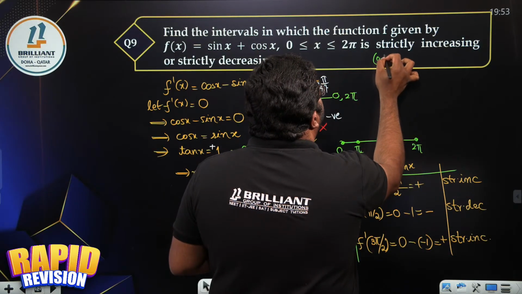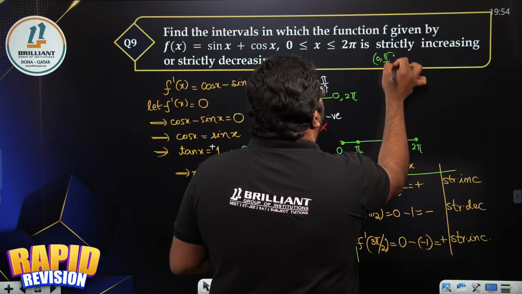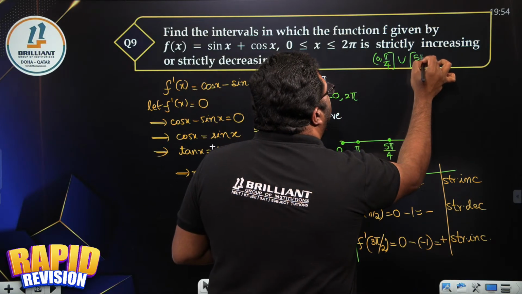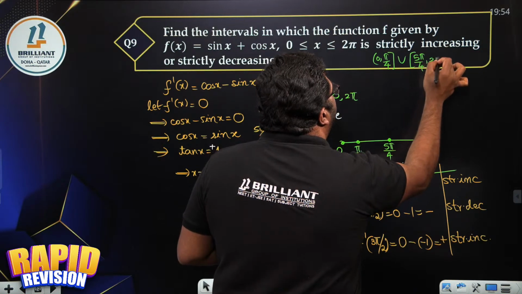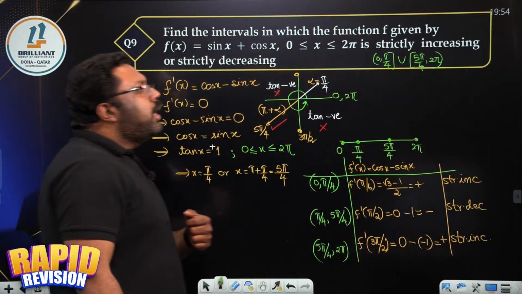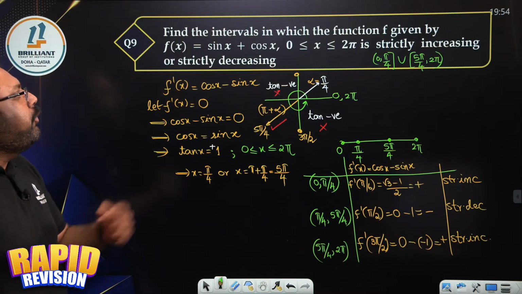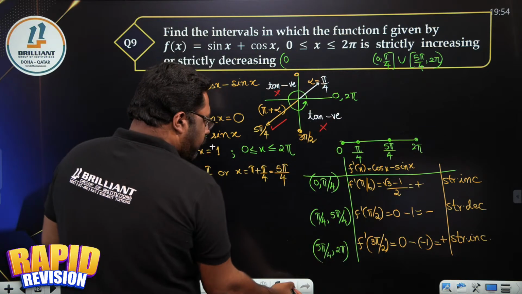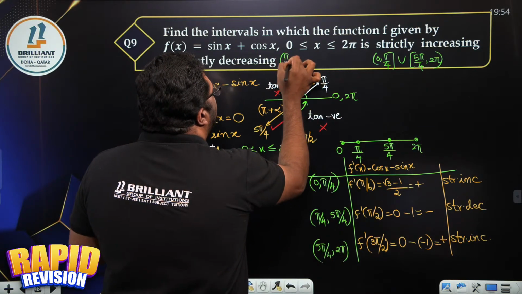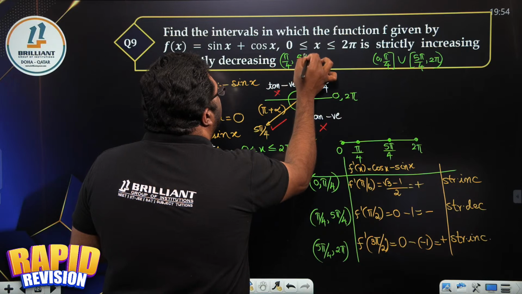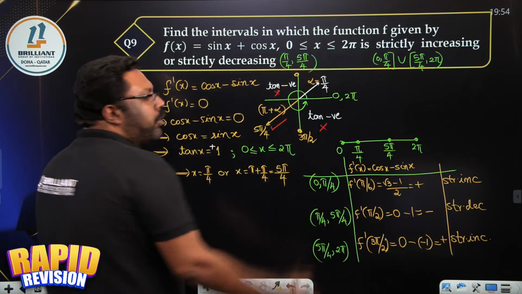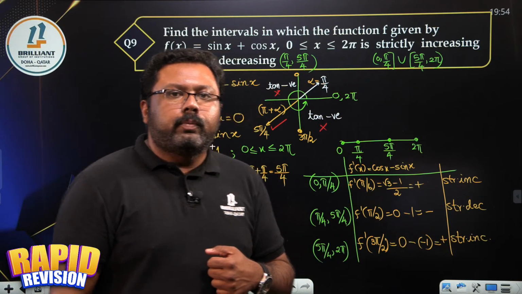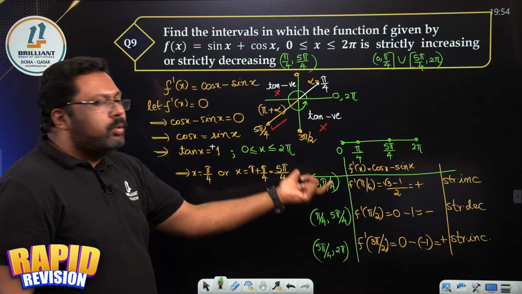It's strictly increasing from 0 to pi by 4 and 5 pi by 4 to 2 pi, and strictly decreasing in pi by 4 up to 5 pi by 4. Clear, all of you? Very easy for question to do like this.